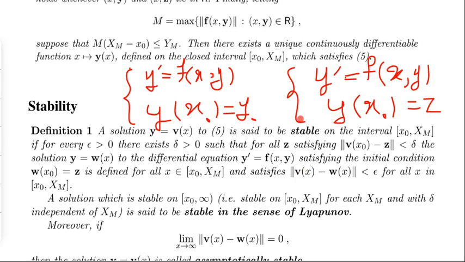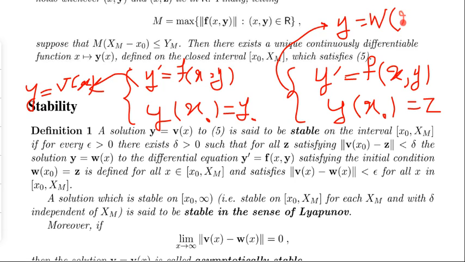Now we will denote the solution of this problem as y equals v of x, and the solution of this problem as y equals w of x.